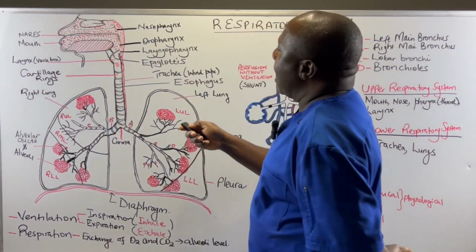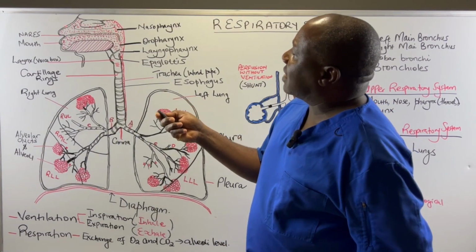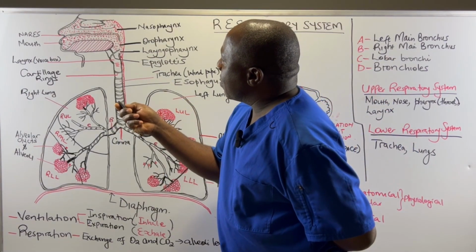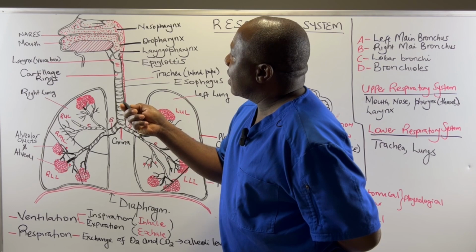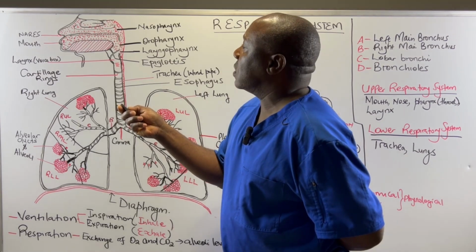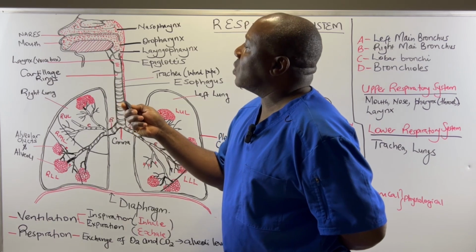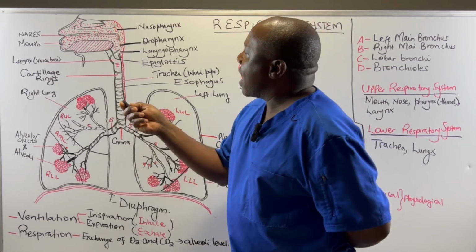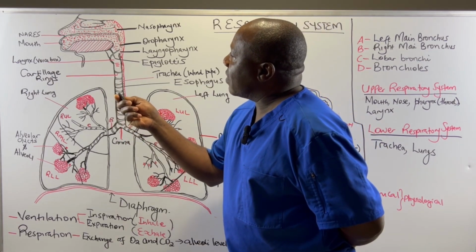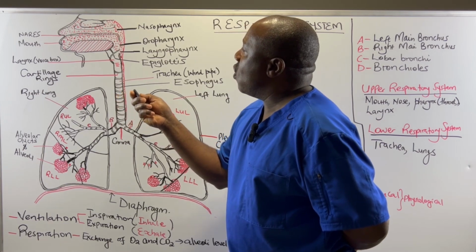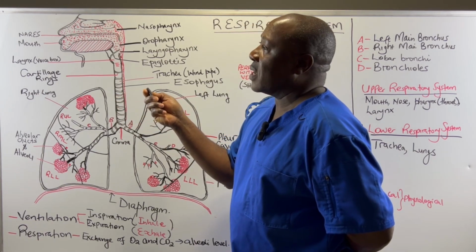Now, the upper respiratory system, as we have just said, is made up of the mouth and the nares or the nose. Now, air enters into our nares. We have got two nares. So air enters into the nares and flows all the way to the nasopharynx.